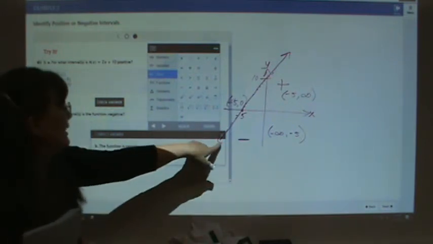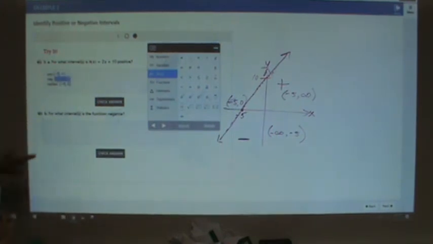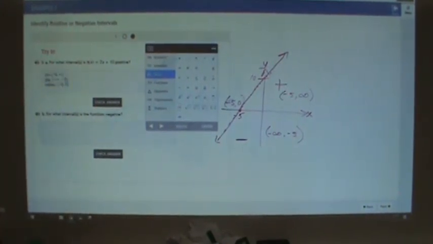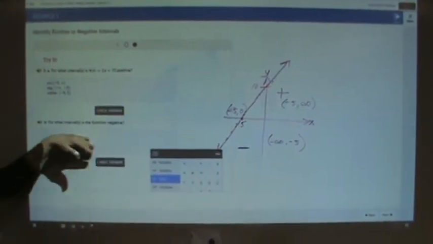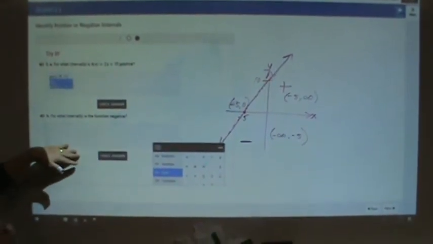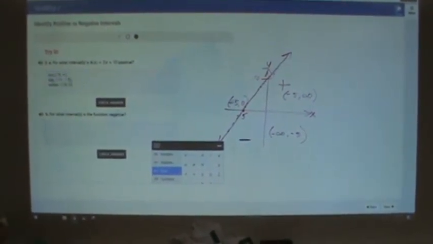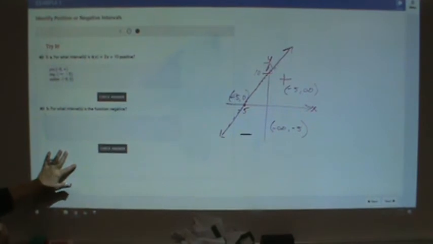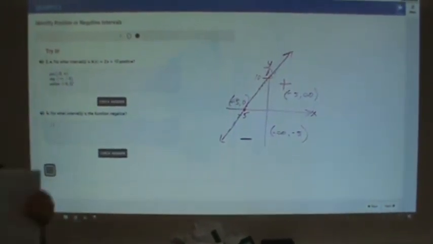So click out of here and see if you can cut and paste this down to here. Nope. So don't worry about it. You can just go ahead and redo this here. Not an issue. Just make sure that it's correct in your notebooks.